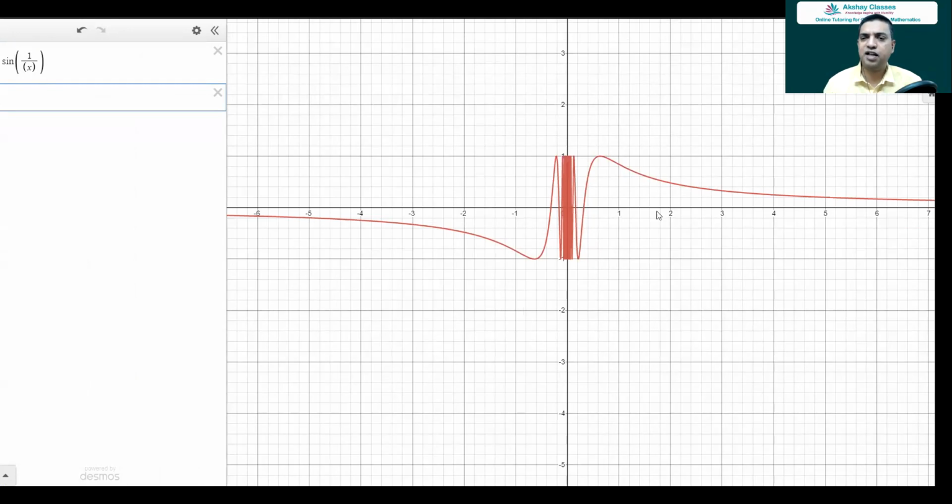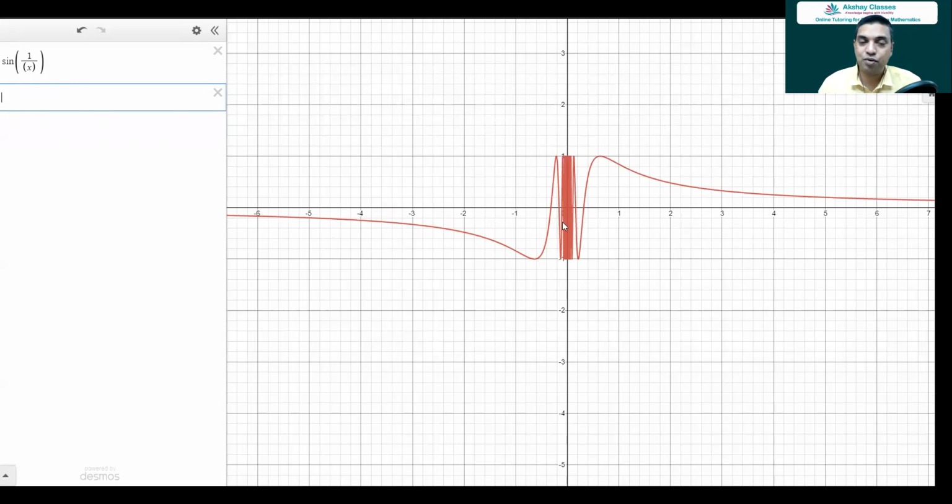We know sine values lie between -1 and 1. Now, as x increases, 1 by x tends to 0, no problem. As x becomes a very large negative value, tending to minus infinity, again this will tend to 0, no problem. So sine values will approach 0.